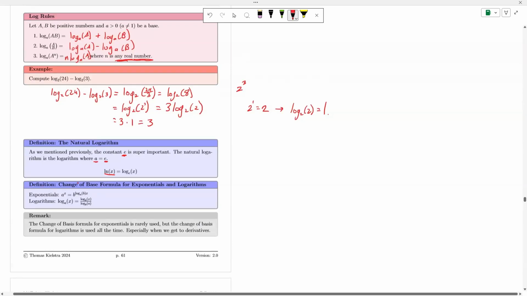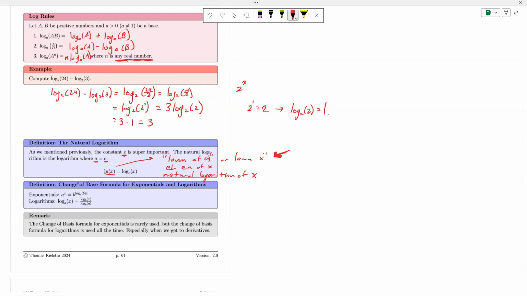This can be said as ln of x, or ln x, or natural logarithm of x. This is the one we typically use. We typically will be saying ln of x.